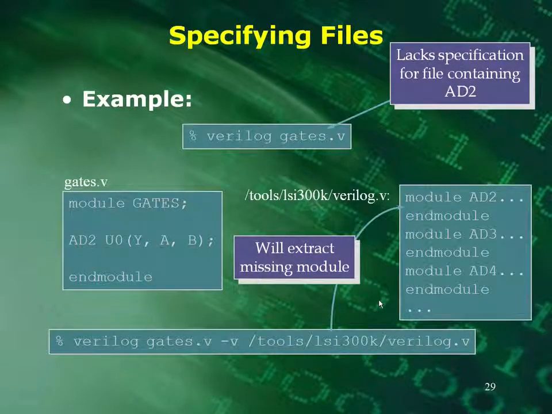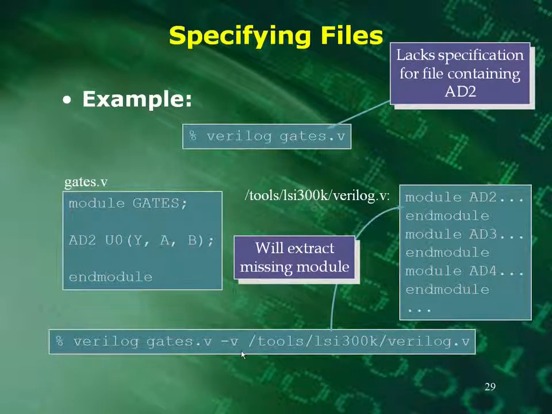Then what's the difference between the -v and the -y? With the -v, all the modules are within one file. Oh, okay. I think I messed that up for you. Sorry about that. So here's the -v again.